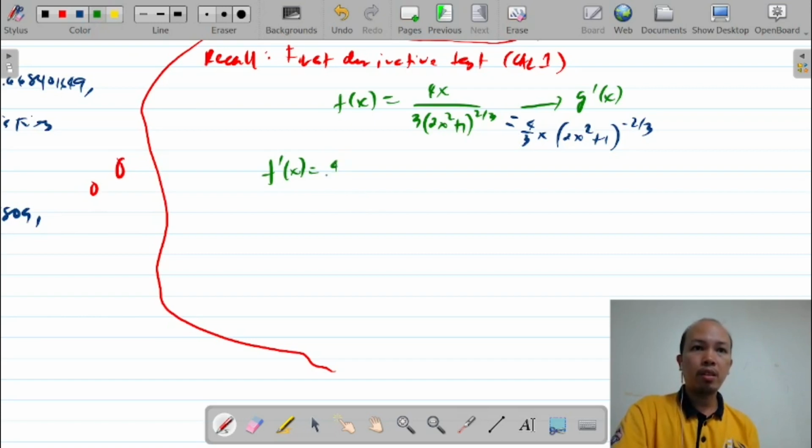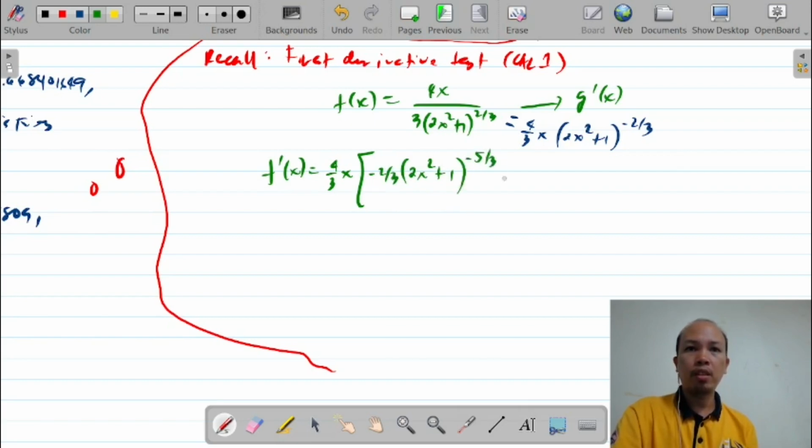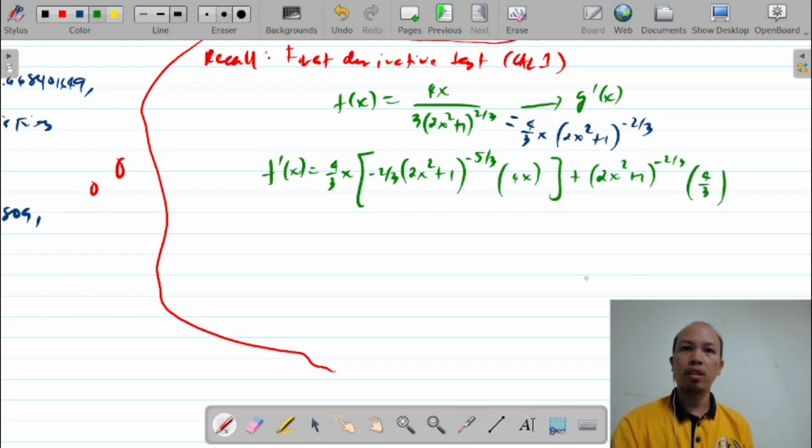Copy the first factor for x, and then the derivative of the second: negative 2/3 times (2x² + 1) to the power of negative 2/3 minus 1, which is negative 5/3, and then the derivative of 2x² + 1 is 4x, plus (2x² + 1) to the power of negative 2/3 times the derivative of 4/3 x, which is 4/3.